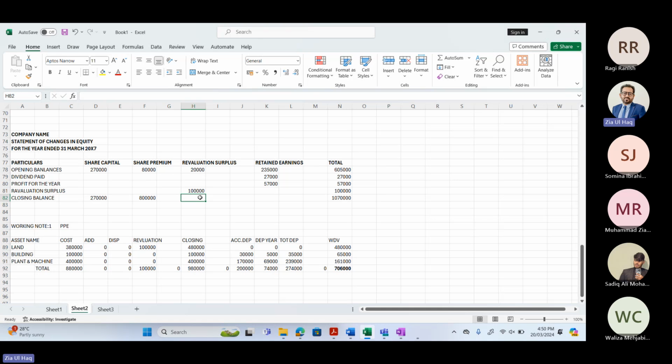This means these should be added together. This plus this, enter. And for retained earnings, the total figure will be equal to this opening balance minus this dividend paid and adding profit for the year and this.